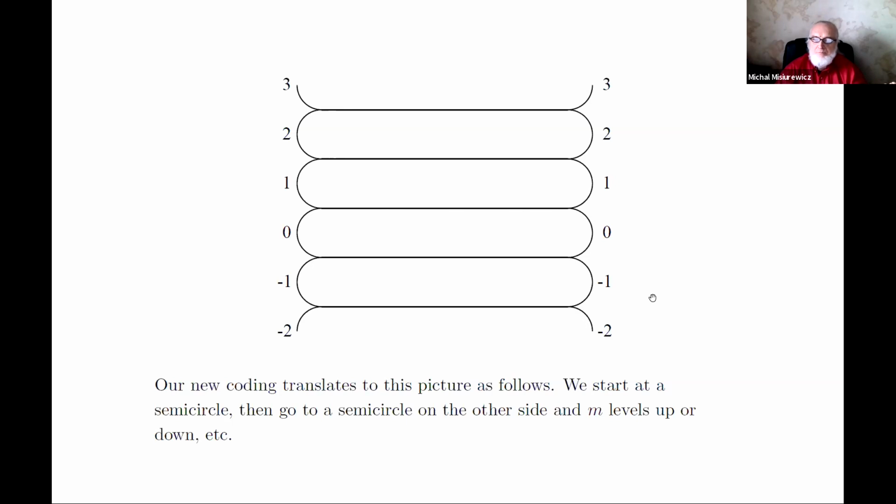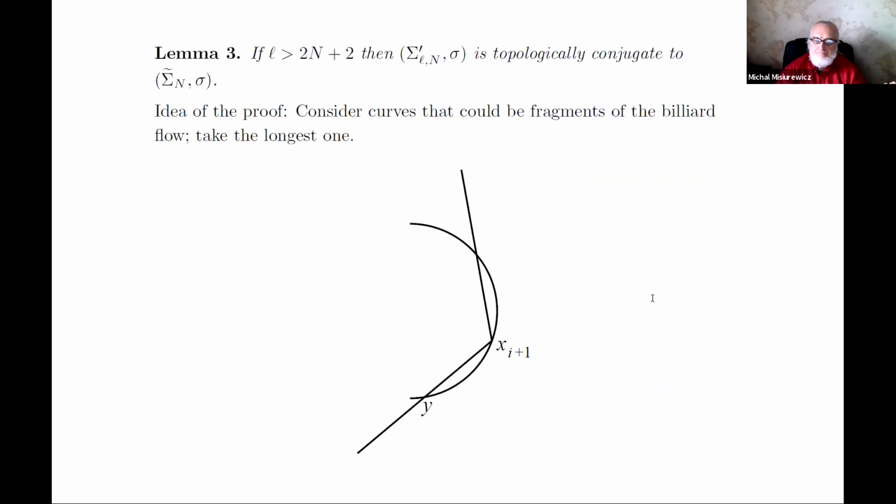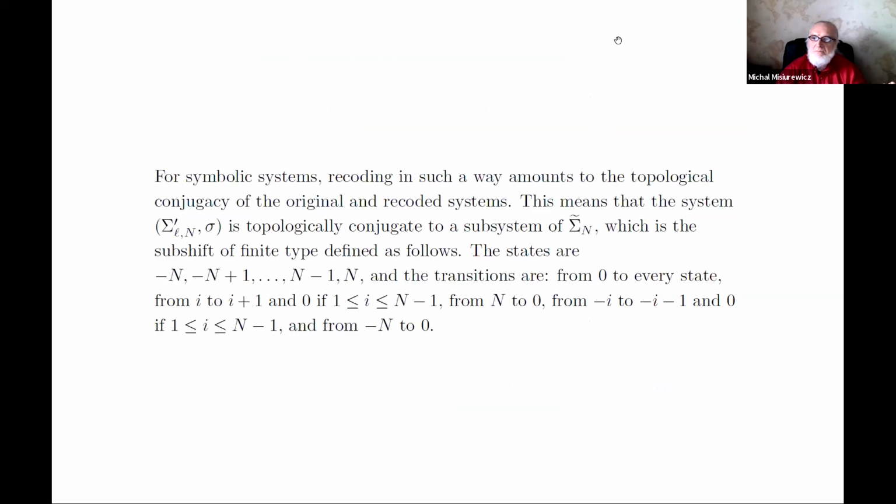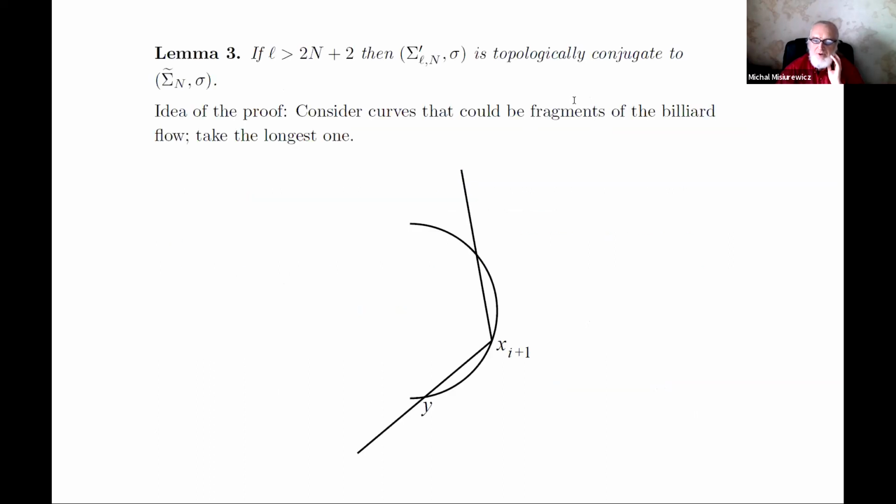And now I see some chat. Can the longest trajectory hit an endpoint of the semicircle? Yes, that's a very good question.